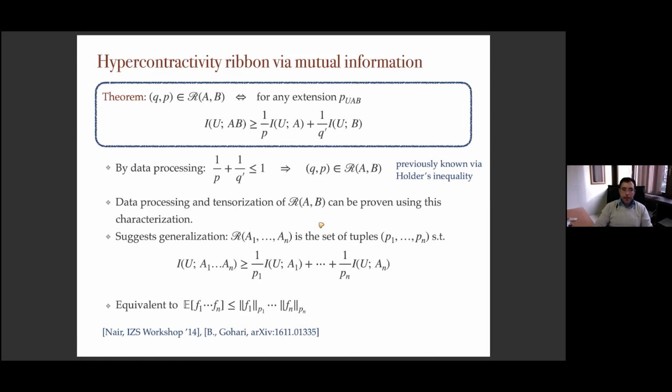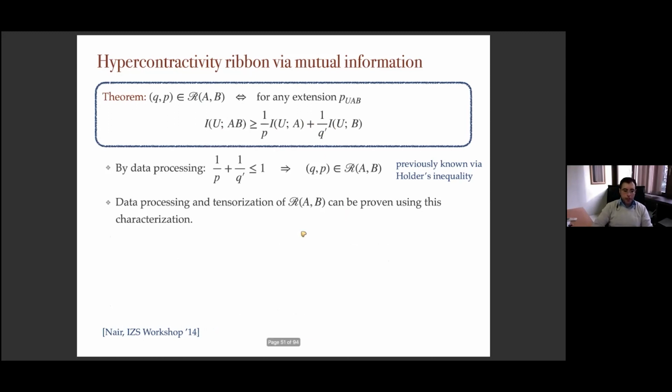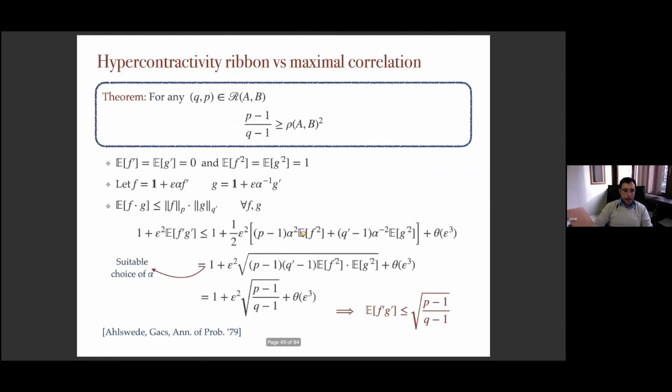In fact, in the original definition of the hypercontractivity ribbon in this paper, well, they don't call it hypercontractivity ribbon, but in the original definition, they take this one here.